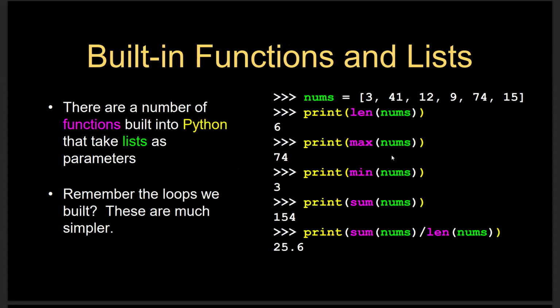Next, built-in functions and lists. In lists, there are some built-in functions which are used to find the length of the list, maximum of the list, minimum of the list, sum of the list. Suppose you want to find the length of the list, the maximum number present in the list, the minimum element in the list, or the sum of all the elements in the list.